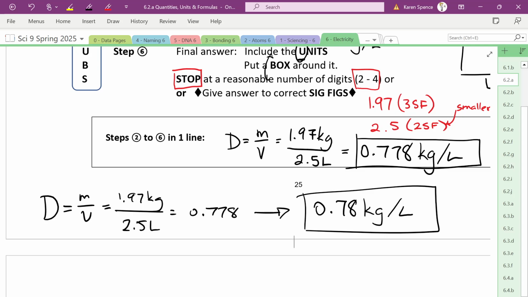And then 4.5 meters. Alright, now next you're gonna calculate. So that means you need a calculator.